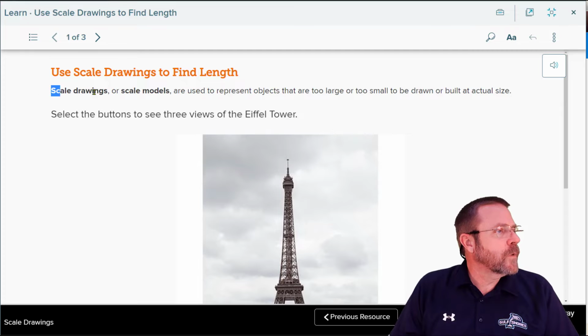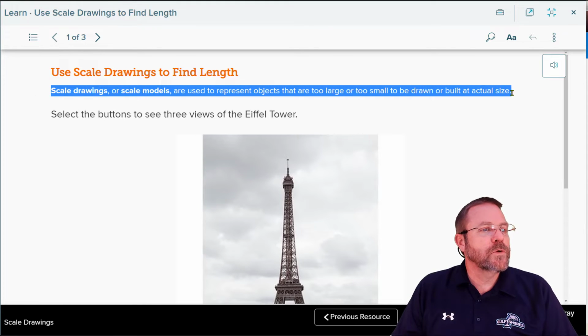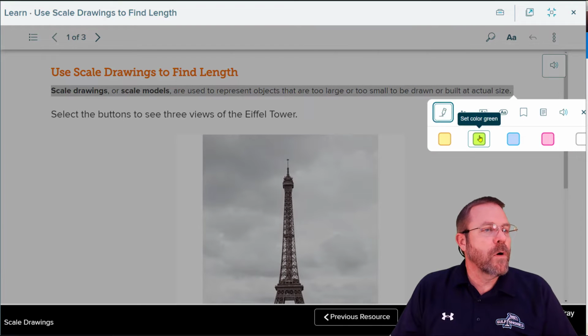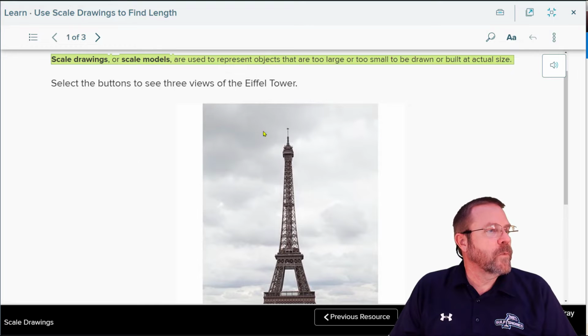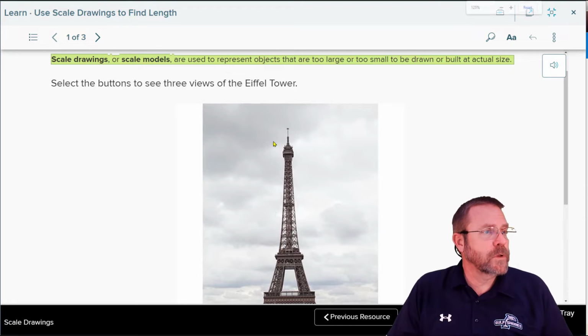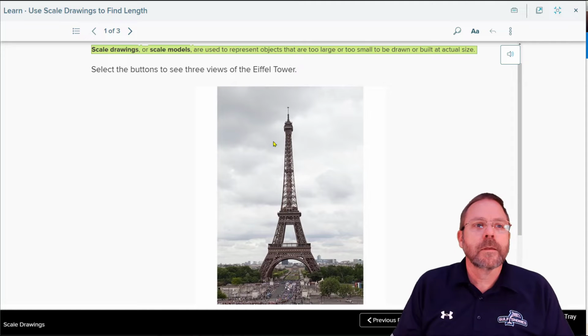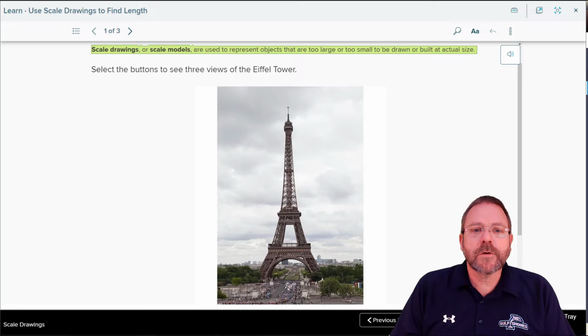Scale drawings, also known as scale models, are used to represent objects that are too large or too small to be built at an actual size. For example, if we wanted to represent the Eiffel Tower, we couldn't really just put it there. After all, the Eiffel Tower would be just a little bit large to sit on our desk, wouldn't it?